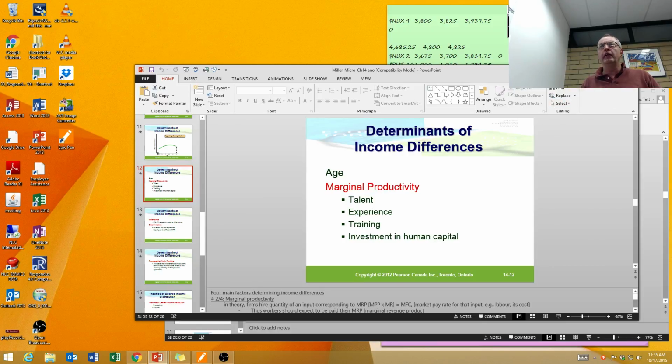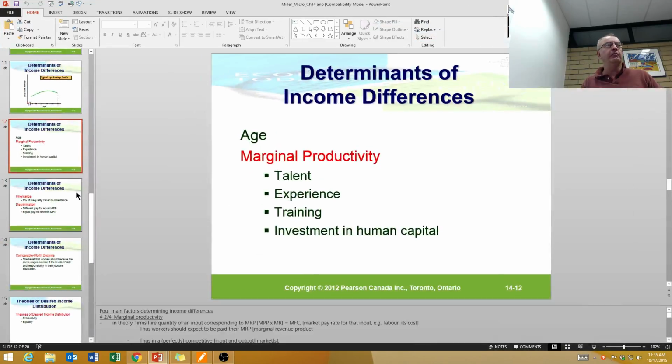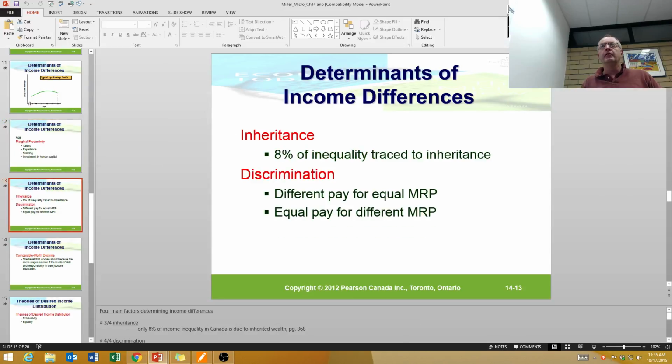Okay, so our next major factor that can explain some differences in income level across Canada, this is 3 out of 4, is inheritance. So it makes a bit of sense.